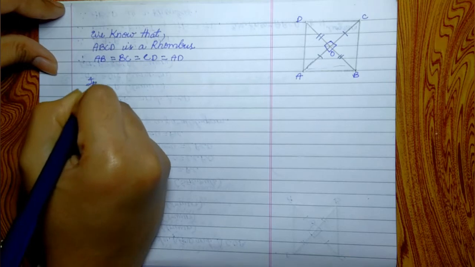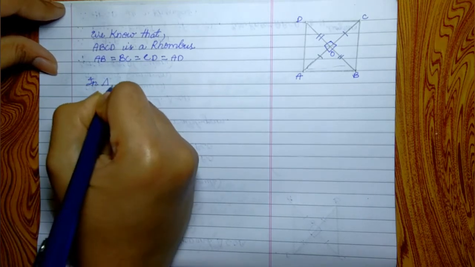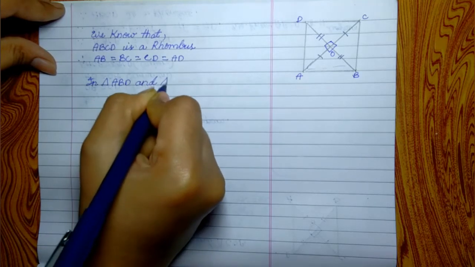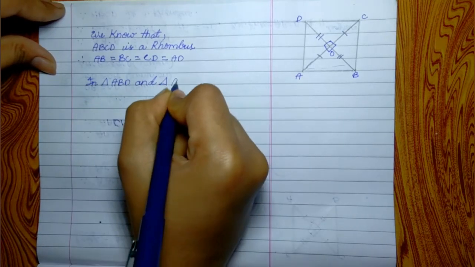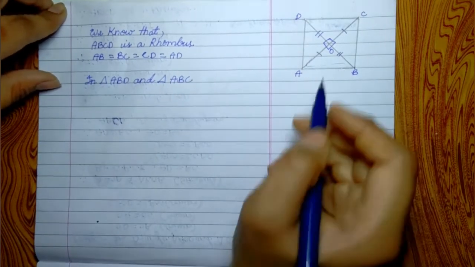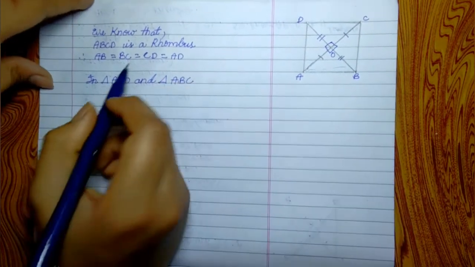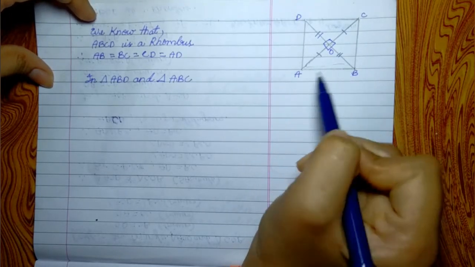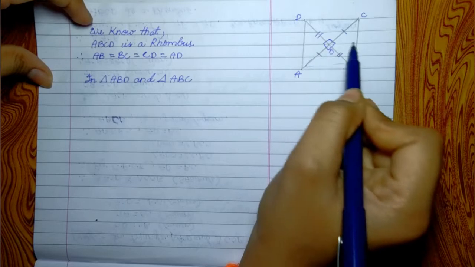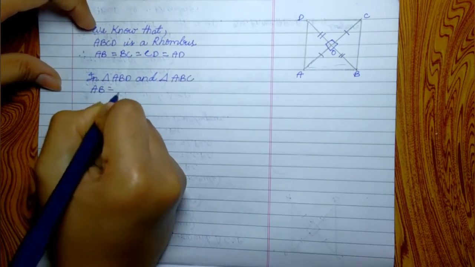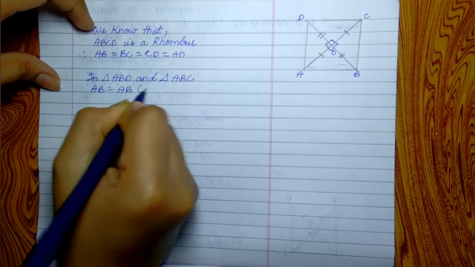In triangle ABD and triangle ABC, so we have to consider these two triangles. Okay friends, AB is equal to AB. We know that the base is common for both the triangles. AB is equal to AB.